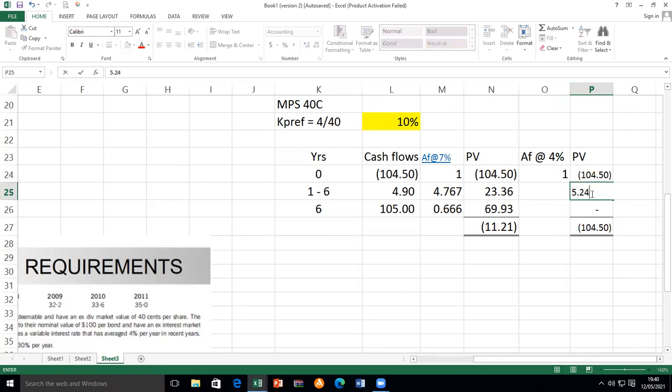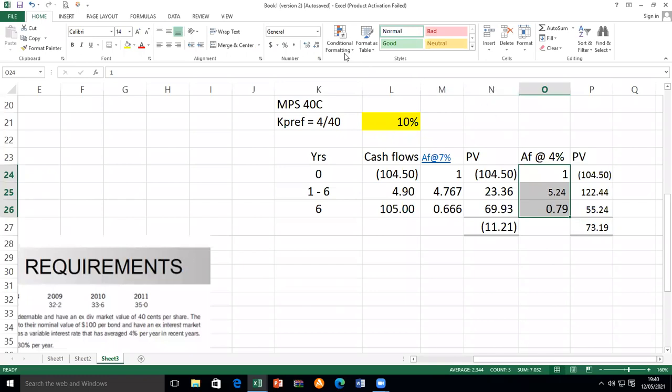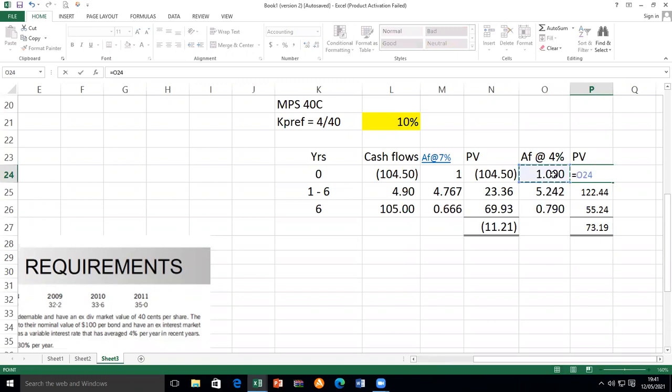And that one which is alone, 0.790. You should take column L times O. Okay, let me check that. So we take that and multiply by that.